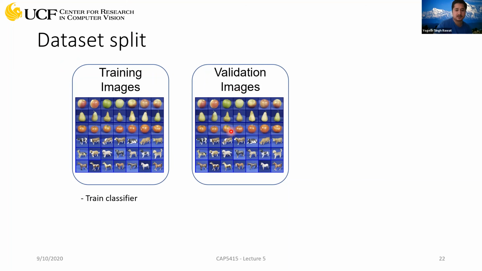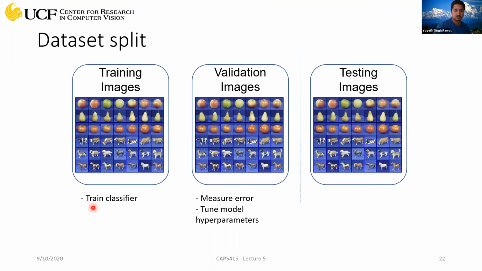So this set is used, if you have to fine tune any parameters in your network, to improve your classifier. And then finally you have the testing images which you can't touch. This will only be provided to you for testing to evaluate your model. So there will be secret labels. You can measure error and all kinds of metrics which you want.